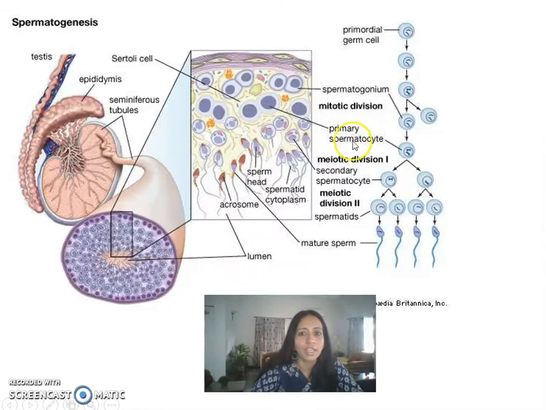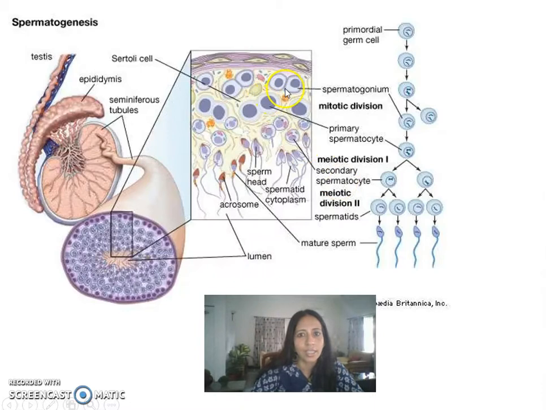When the first reduction division, meiosis 1, takes place, the primary spermatocyte divides into two equal cells known as secondary spermatocytes. Here the ploidy has changed. From diploid, they have become haploid by meiosis 1, resulting in the formation of secondary spermatocytes. Is that clear to you?